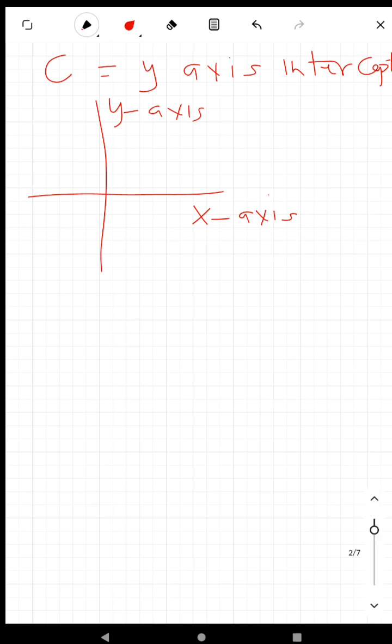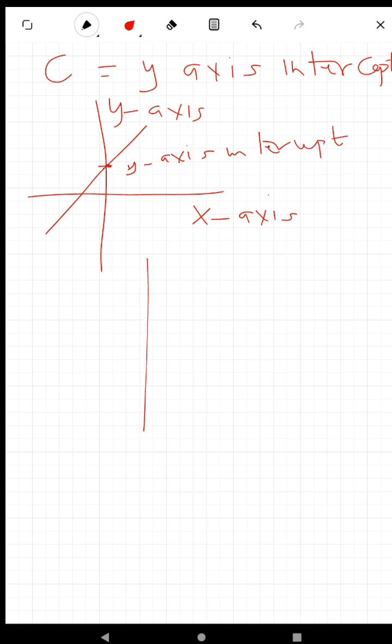If I draw a straight line here, where is the y-axis intercept? This point here is the y-axis intercept for this line.